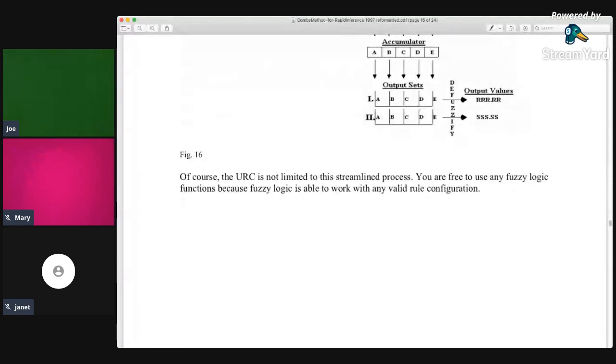And it says right here, this is really important. It says that QRC is not limited to the streamlined process. You can use any fuzzy logic functions because fuzzy logic is able to work with any valid rule configuration.